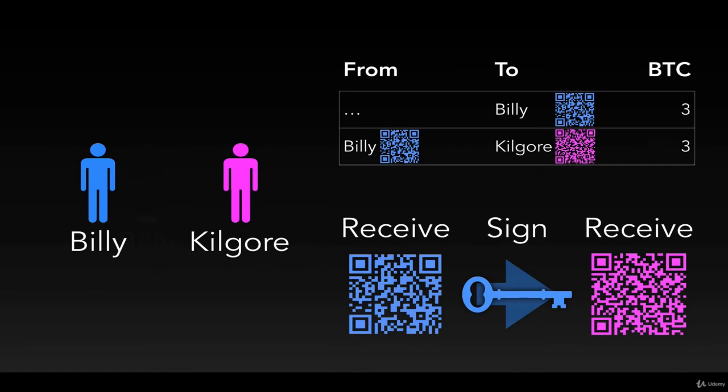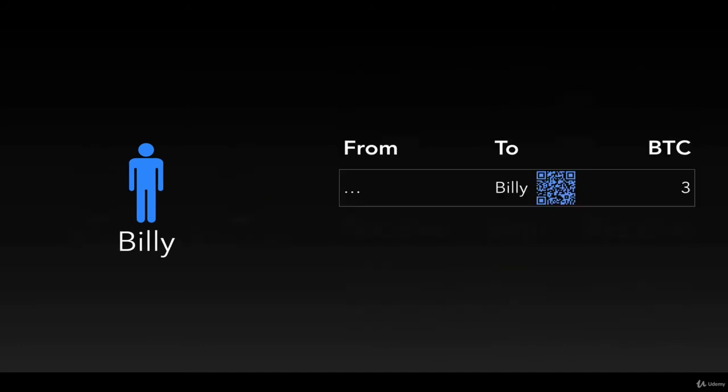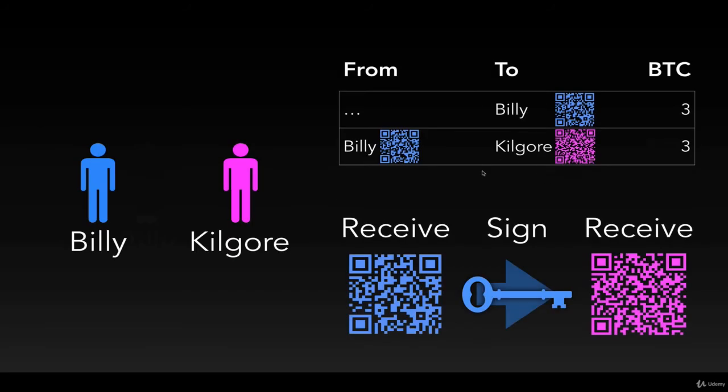So Billy is going to generate a signature using the private key corresponding to that public key. If we step back here, at this point, Billy has the address, which is based off the public key, and he has the private key. He's keeping the private key private, but he has it at this point. Then when he goes to send it to Kilgore, he basically shows proof to the network that he has the private key.